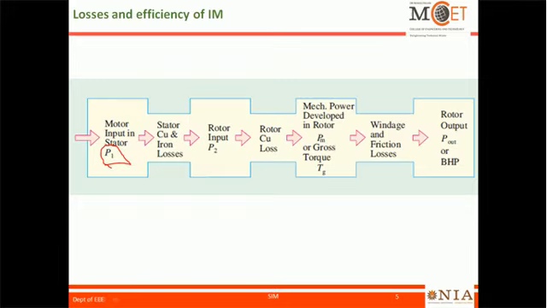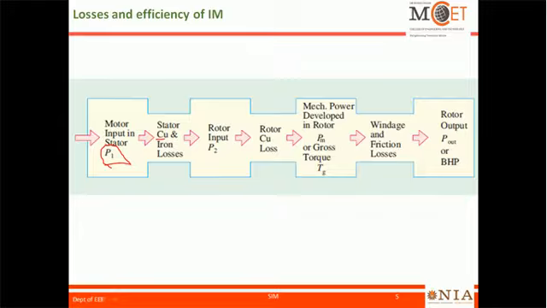The stator has a copper winding, so it will have resistance. That resistance will cause some losses, which we call the copper losses in the stator side.